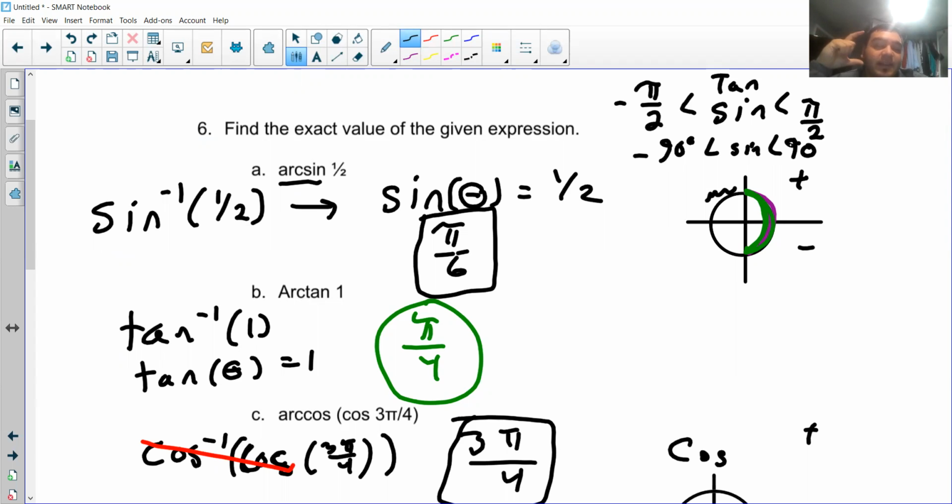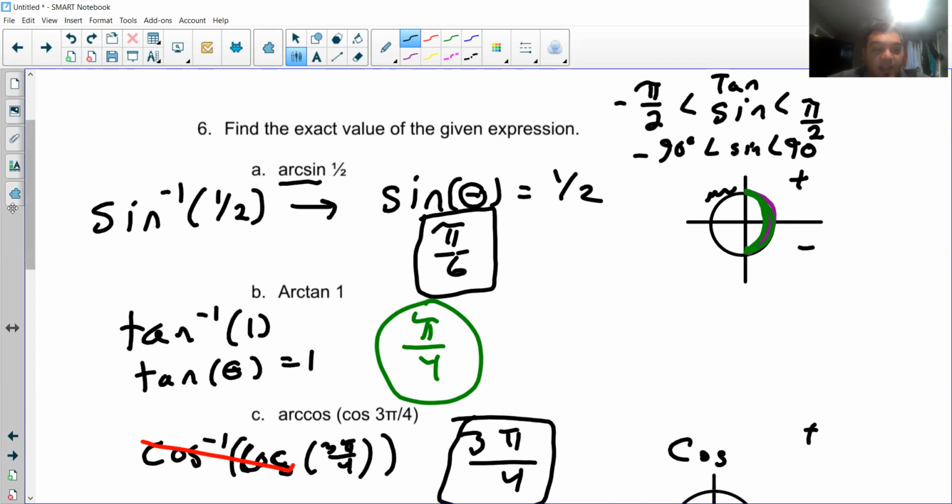The reason we have to limit it to that area is because we want to avoid having a double answer. For example, the inverse of sine of a half could happen at 30 degrees and 150 degrees, which is in the second quadrant. So we want to avoid that. So we need a positive and negative quadrant, and we use that one on the right, for sine and tangent.